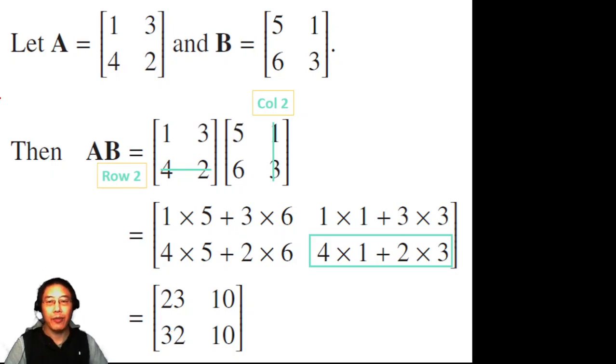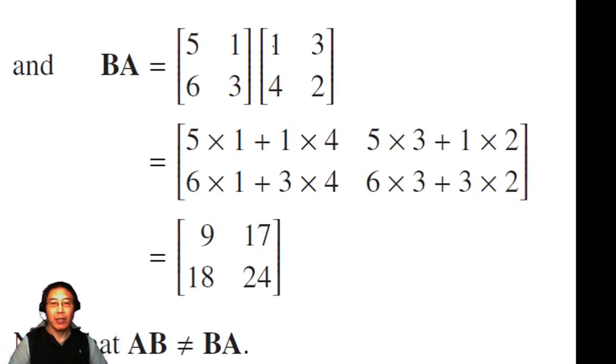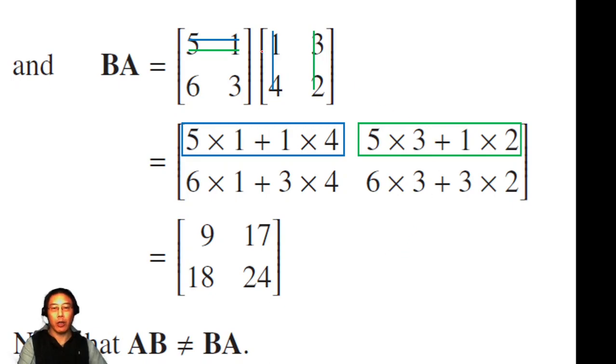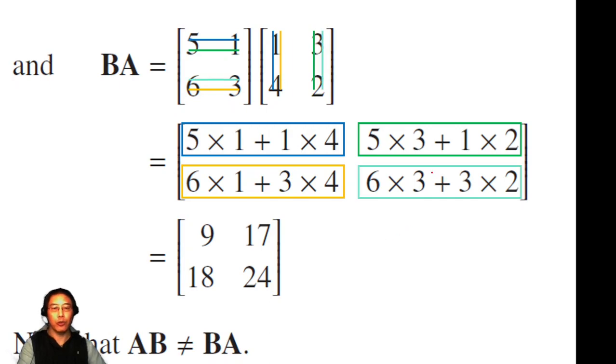Now let's look at a variation of that. Instead of doing A times B, let's look at B times A. So B times A here, I'm going to speed up the process a bit. The idea again, row 1, column 1, and so on. So row 1, column 2, row 2, column 1, and row 2 by column 2.